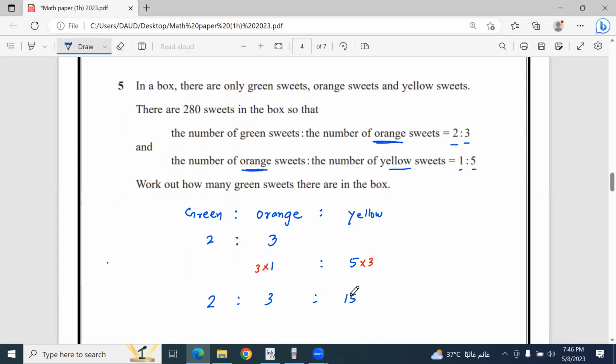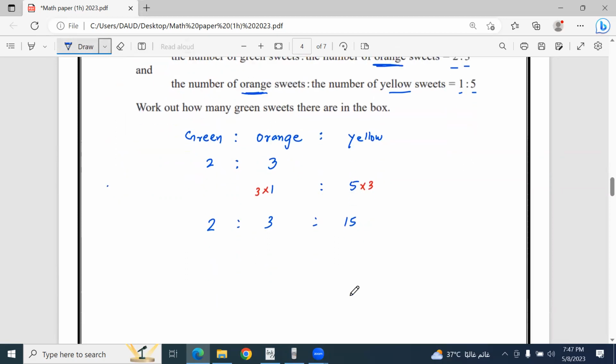After this, we will find the sum of the ratio, and then at the end they will ask us, if there are 280 sweets in the box, how many green sweets. The sum of the ratio is equal to 2 plus 3 plus 15, that gives me 20. They want the number of green sweets.